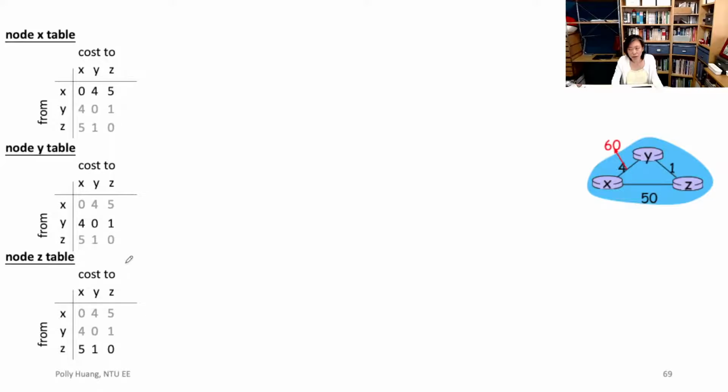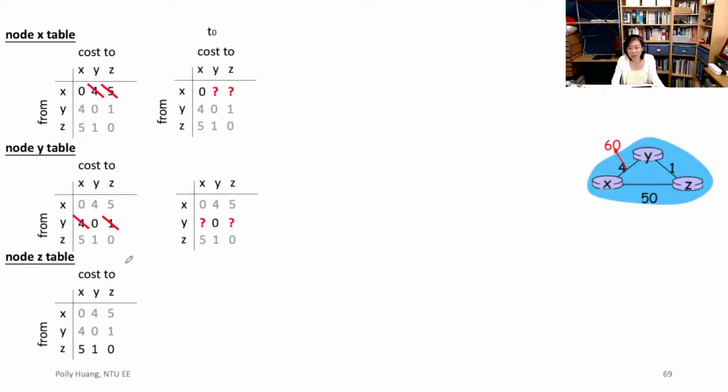After the change, x and y will both need to recalculate dy for y and dx for x. What I'm asking is, what will be the new dx after x recomputes, and what will be dy after y recomputes based on the Bellman-Ford equation?